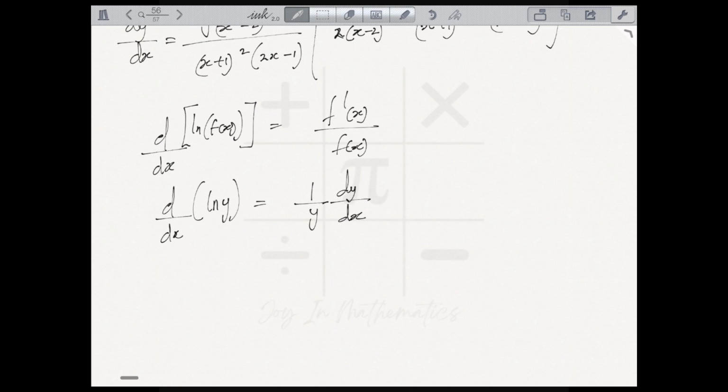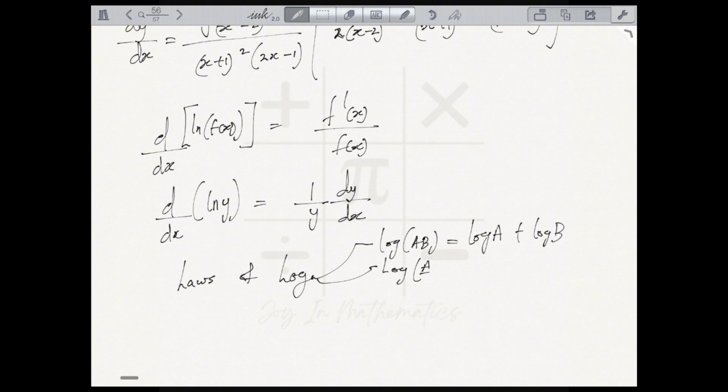And also we remember to apply the laws of logarithm. That says log AB is equal to log A plus log B. Log A over B is equal to log A minus log B, and log A raised to power n is equal to n log A.